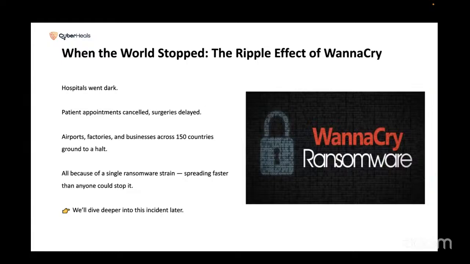You all have heard about WannaCry, yes or no? WannaCry ransomware. If not, go and search on Google. When WannaCry happened, the hospitals were not functioning. Those using Microsoft and others went dark. Patients' appointments were cancelled. Airport flights were halted or not able to land.